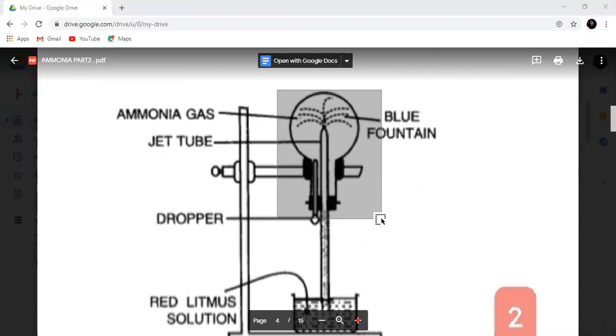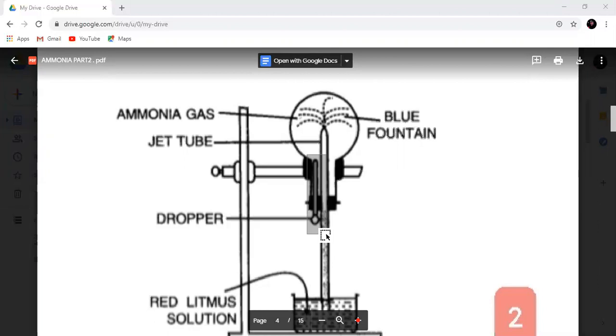Inside this round bottom flask, ammonia gas is present. A dropper is present that is filled with water. A jet is there which is immersed in the trough containing a red litmus solution.